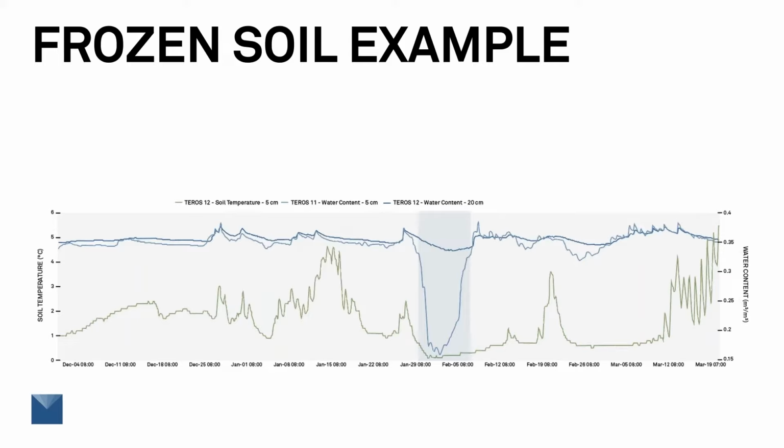We're going from December down to really close to right now in March. And that green line, I said it was water content. It's temperature. The blue, lighter and darker blue, those are water content. We see the temperature just going up and down, and the range on the left-hand y-axis is only 0 to 6 degrees Celsius, so not a big range.